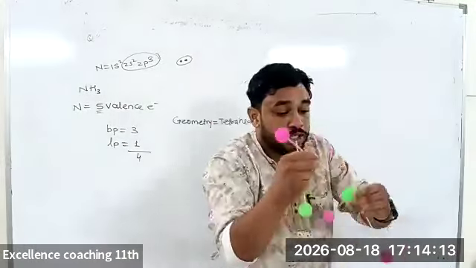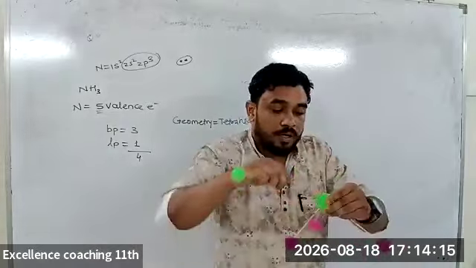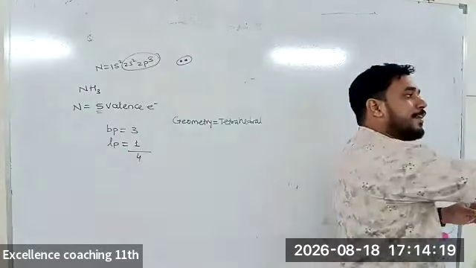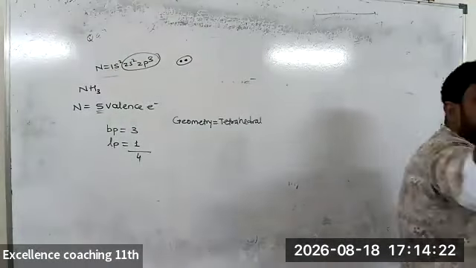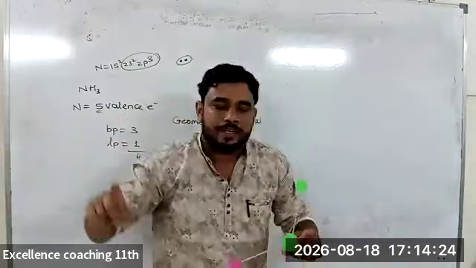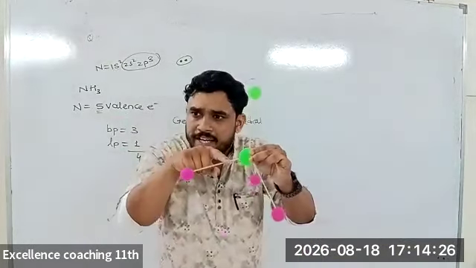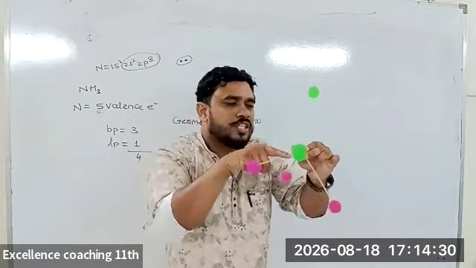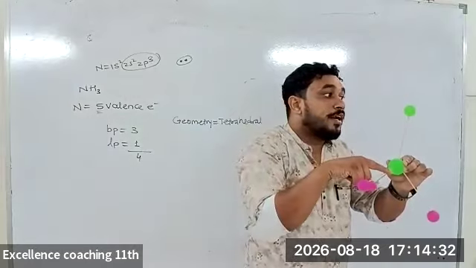If I change the position of the lone pair, whenever we get repulsion, we just consider the 90-degree angle. Now this repulsion will be there, yes or no? But will it be maximum or minimum? Because this angle is what? 109.5.